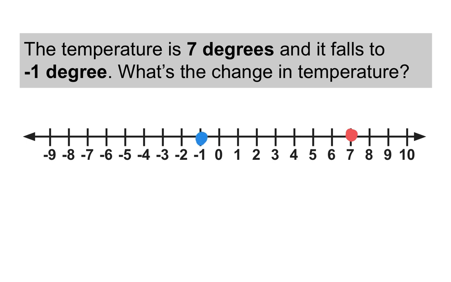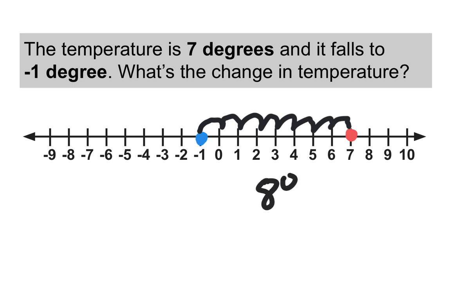And it says, what's the change in temperature? So when we have this on a number line, it's not 7, because if I count 7, I only go to 0. So when we count from dot to dot, I start at negative 1. My first jump is to 0. So that's 1, 2, 3, 4, 5, 6, 7, 8. So when it says what is the change in temperature, the change in temperature is 8 degrees.